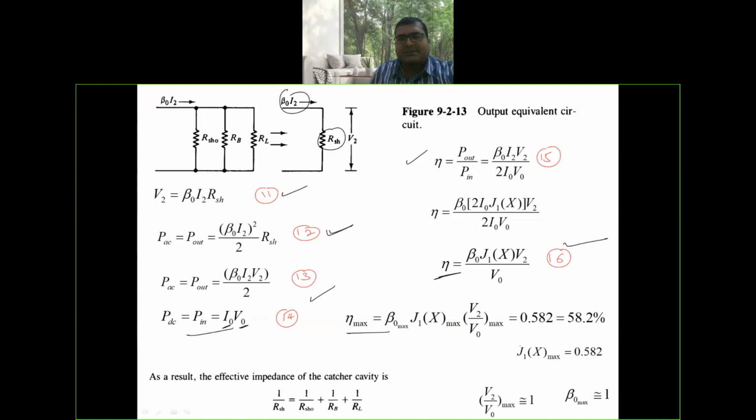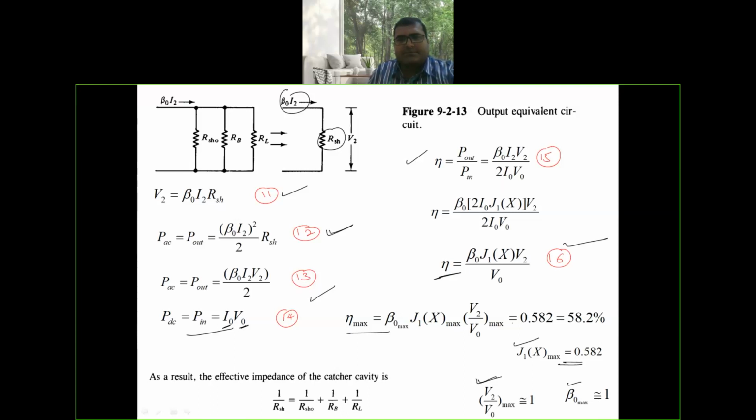This can be calculated by considering the Bessel function J1 of x max is equal to 0.582. It is predefined, and in critical case, V2 by V naught max is approximately equal to 1, and beam coupling coefficient at the output side is beta naught max is equal to 1.